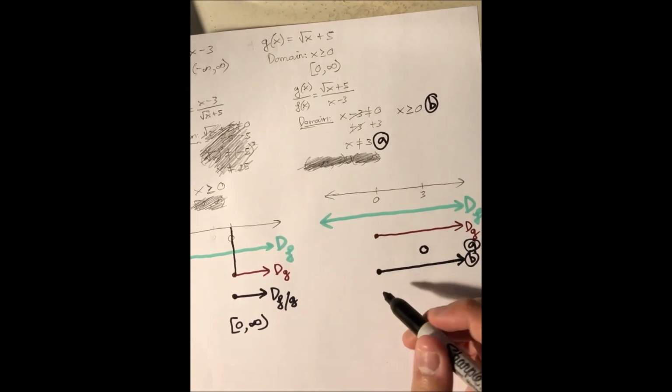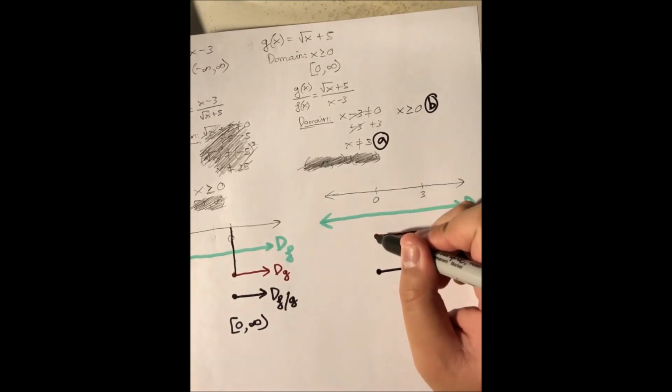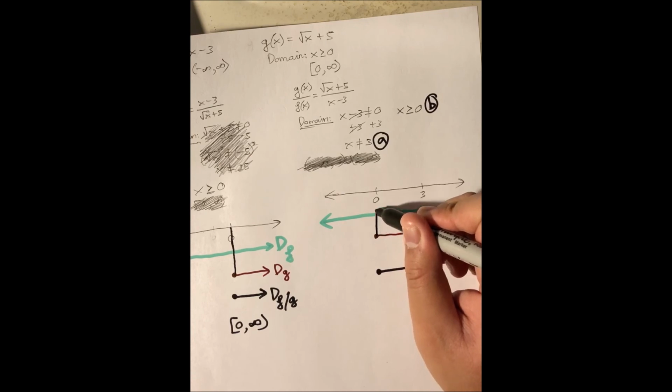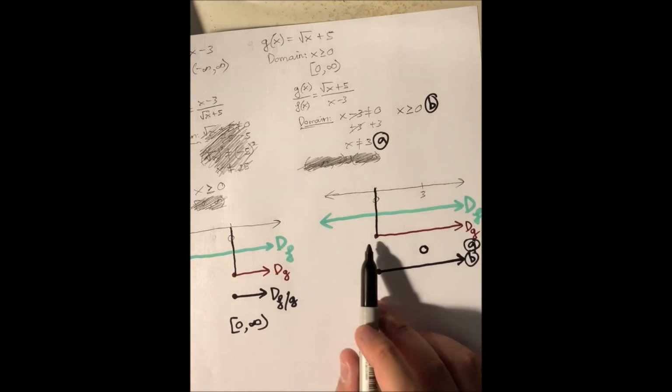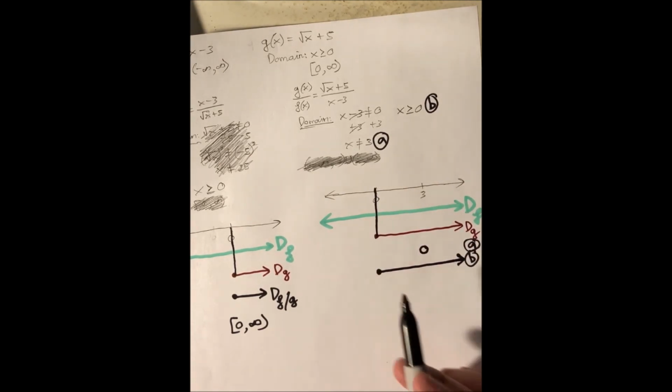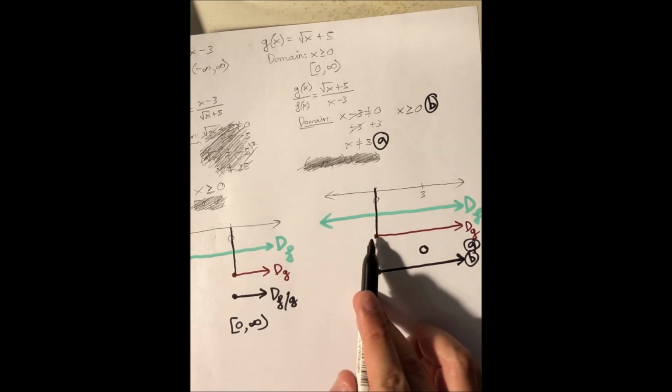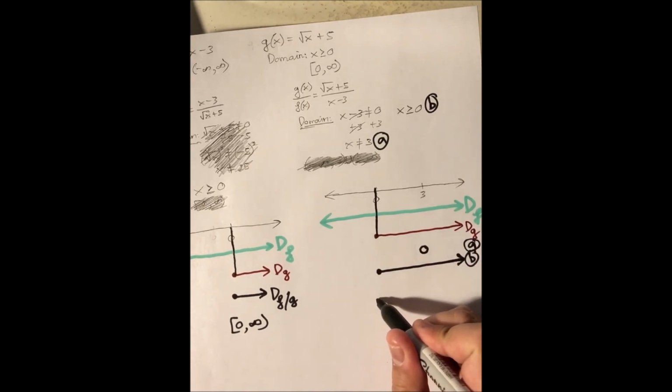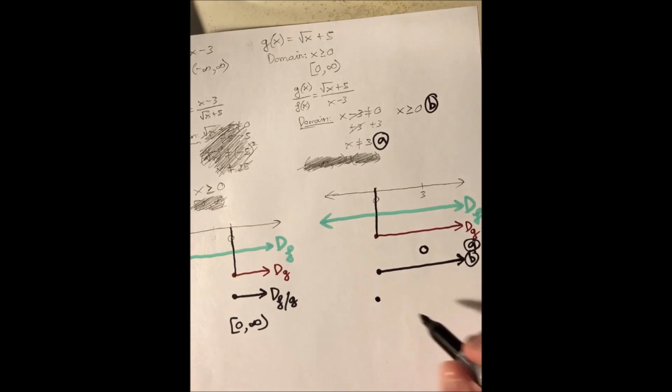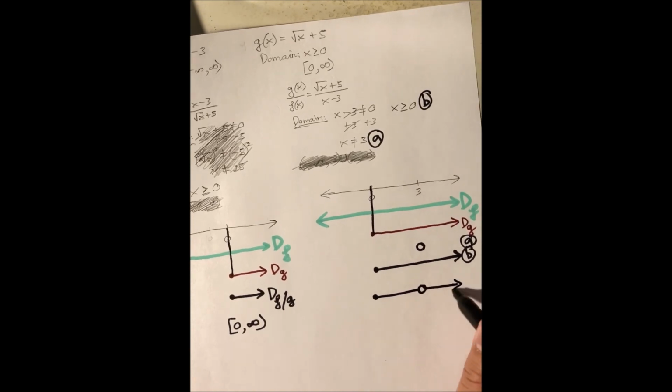And putting everything together, and well, let's trace it up here first. We can tell that all the x values in common of both f and g is going to be at least 0 all the way to infinity. And putting together all of the restriction as well, which is these two, we have domain of g over f.